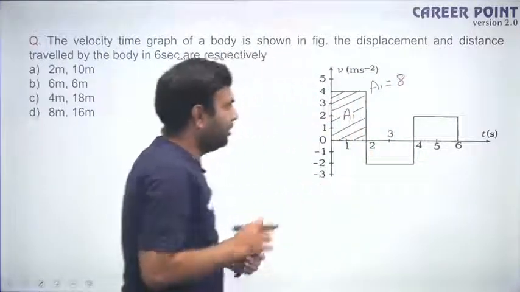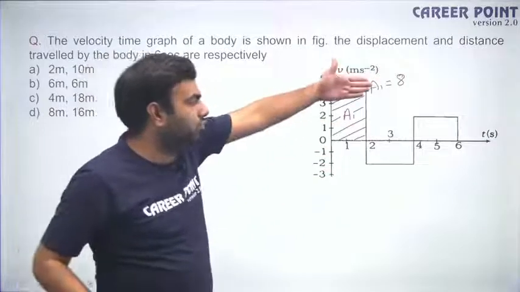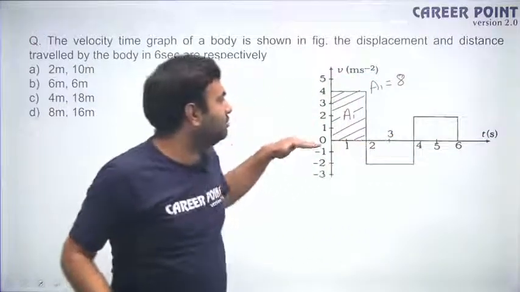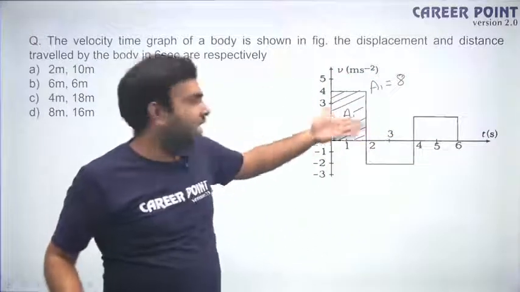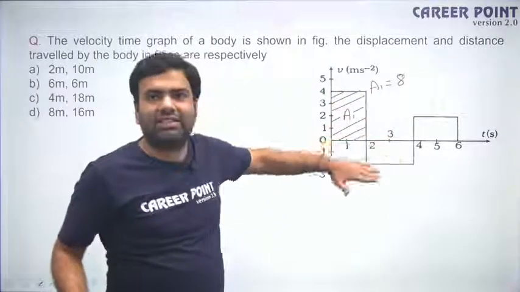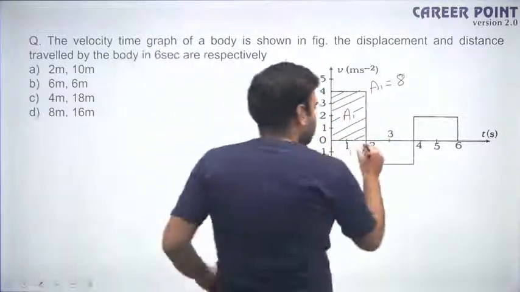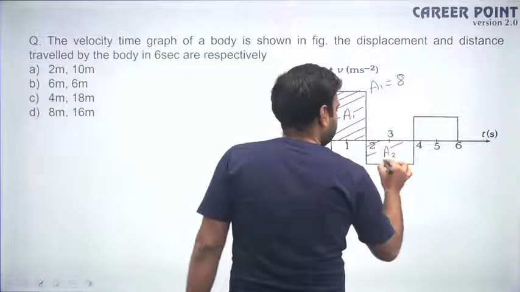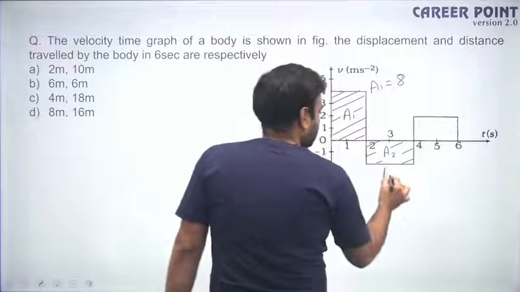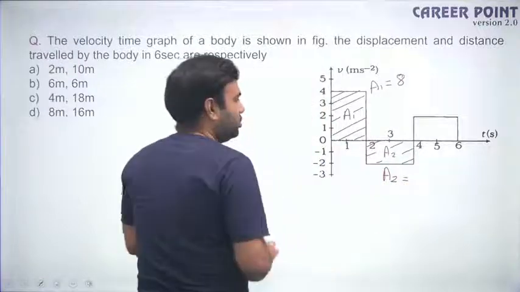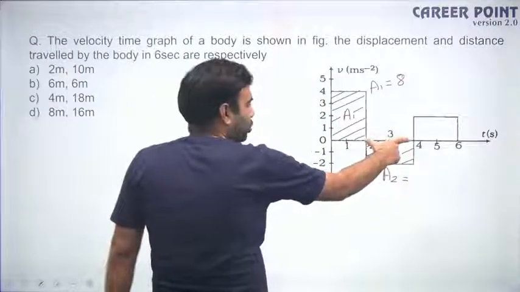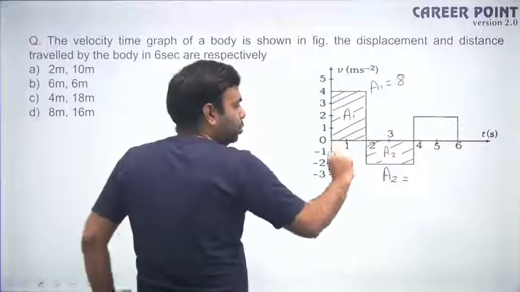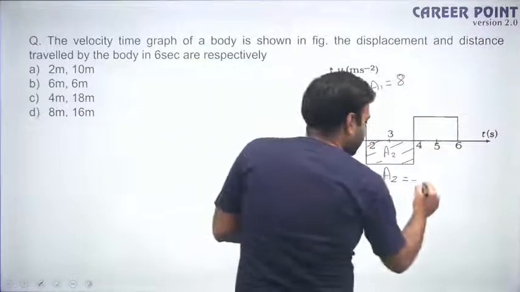And remember, the area which is above the x-axis is positive and the area which is below the x-axis is negative. So this area A2, if I want to calculate, A2 will be equal to this length, which is 2, into breadth, which is minus 2. So 2 into minus 2 is minus 4.